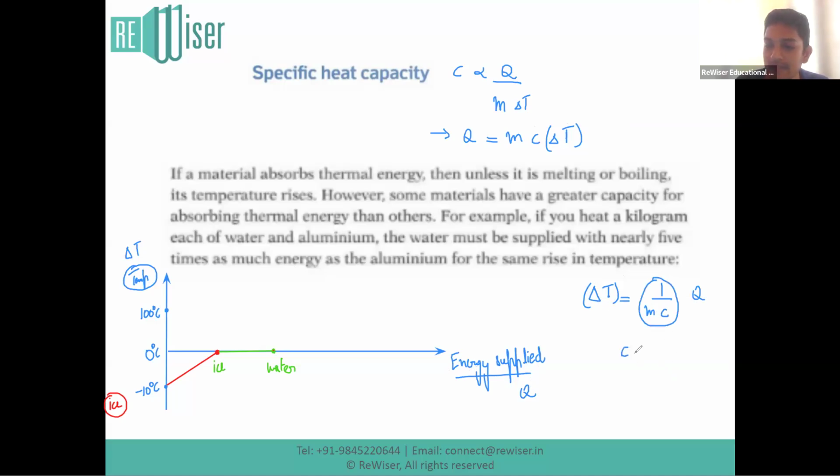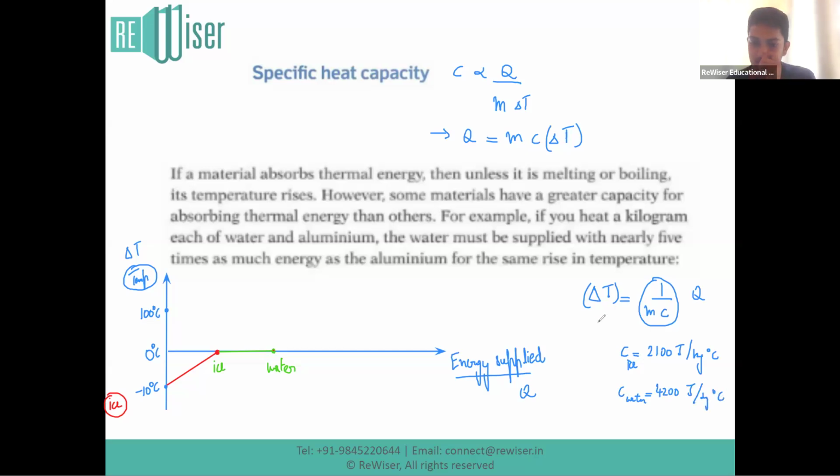The specific heat capacity for ice is about 2100 joule per kg per degree Celsius, whereas the specific heat capacity for water is double that, a higher value of 4200 joule per kg per degree Celsius.